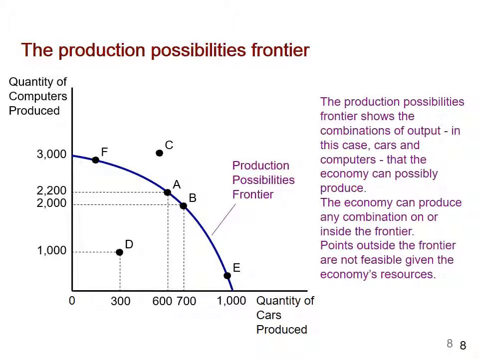Given the current endowment of resources and the current technology, this country cannot achieve a point like C. Why don't you draw this PPF on a sheet of paper, and then we'll be referring to these points in the next couple of slides too.